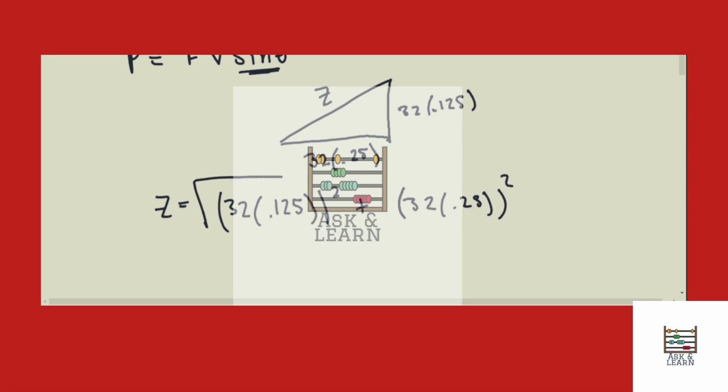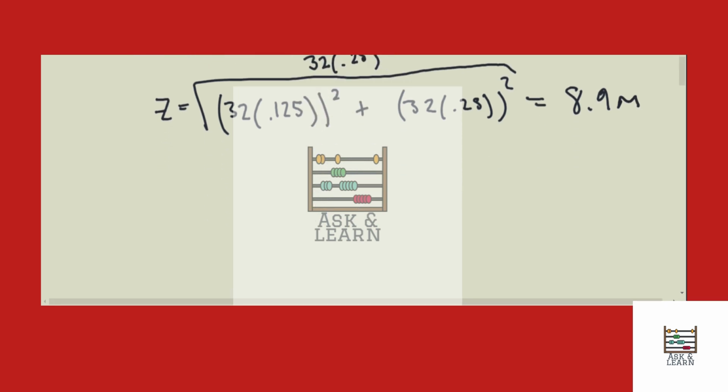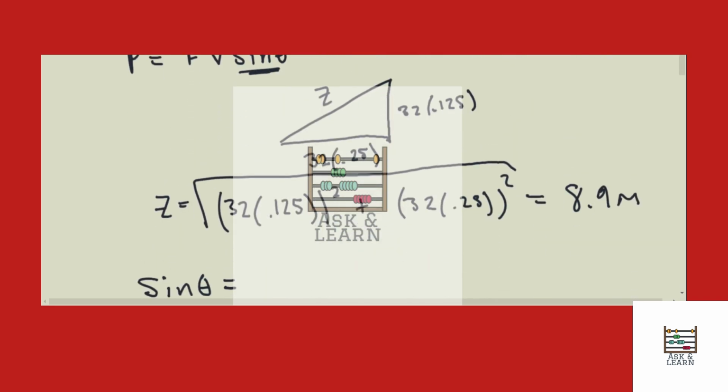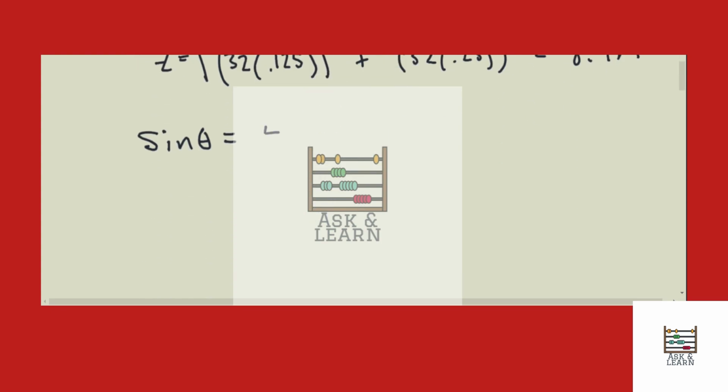So for z, we have 8.9 meters. So now that we found z, we can say sine theta is equal to the height. So 32 times 0.125 is actually 4. So we have 4 divided by the hypotenuse, 8.9.